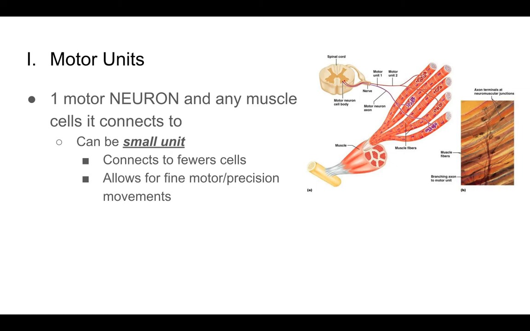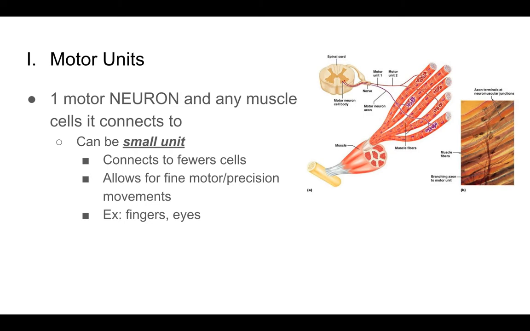Small units are really good at establishing precision and fine motor control. So, like the muscles in your fingers, those are small motor units that allow for your hands to have great dexterity, great precision, and great control.